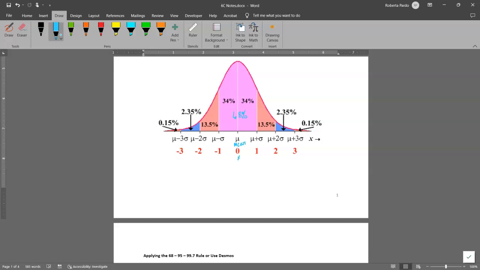And when we use the mean, we use the x with the bar over the top of it. And again, here's that sigma sign, which means standard deviation. So this is one standard deviation below the mean. And this would be one standard deviation, two standard deviations, and three standard deviations above the mean.